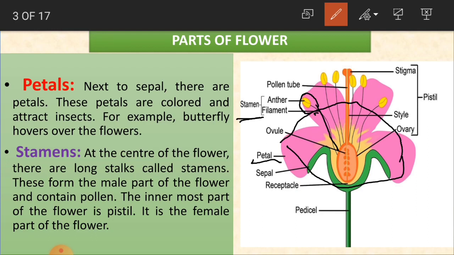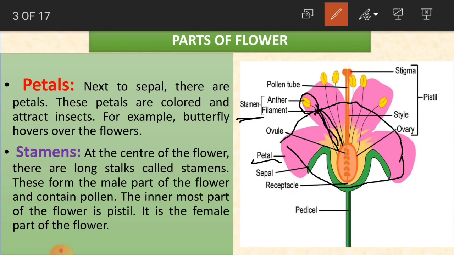And in this stamen you have two parts, filament and anther. This stalk-type part, this line that you are seeing, is called the filament and this yellow colored part is called the anther, and these two together are called the stamen.